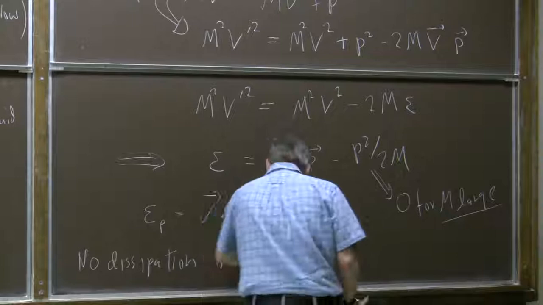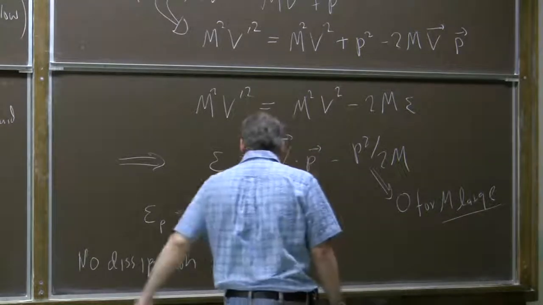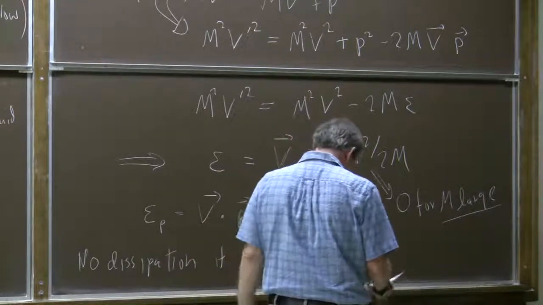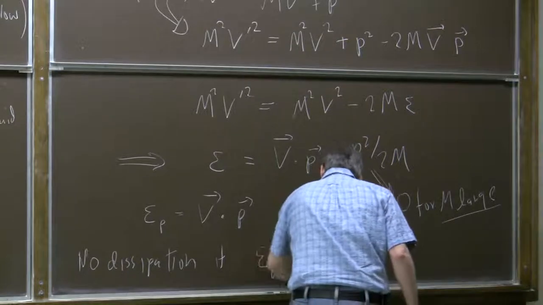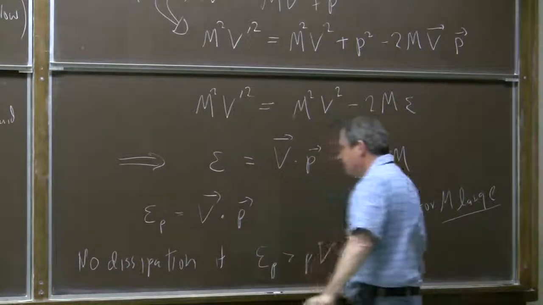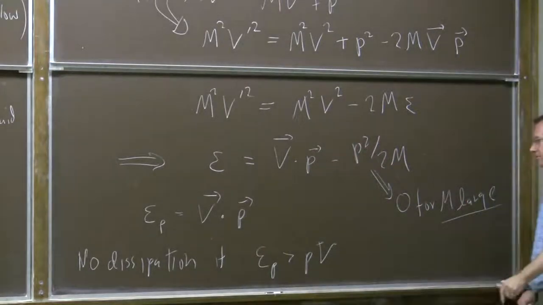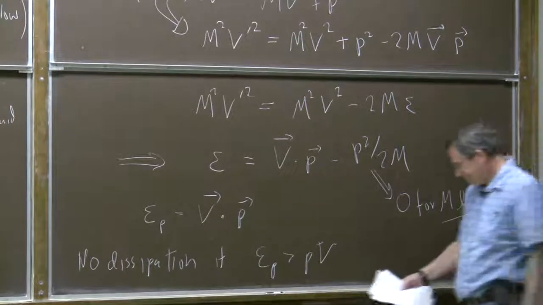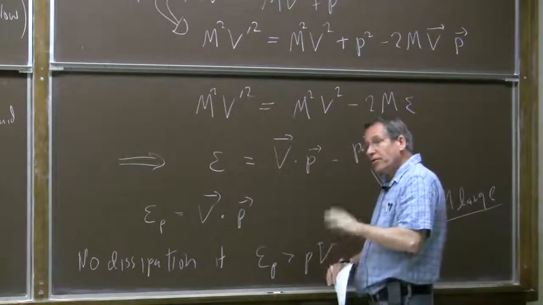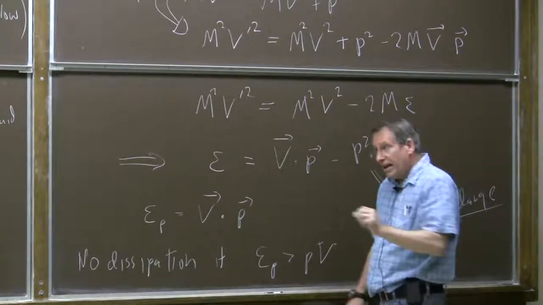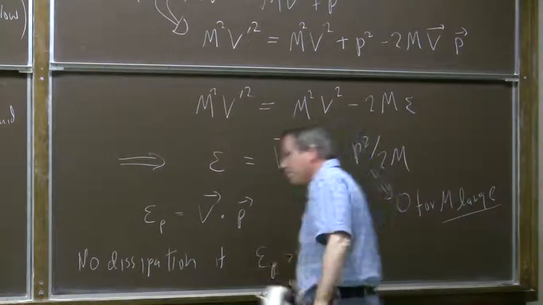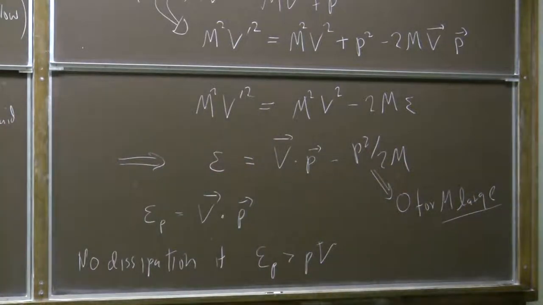The dot product can't be larger than the product of the speed of the projectile and the momentum of the atom. So that means we can identify a critical velocity: if the projectile is moving slowly enough, there will be no resistance to flow.